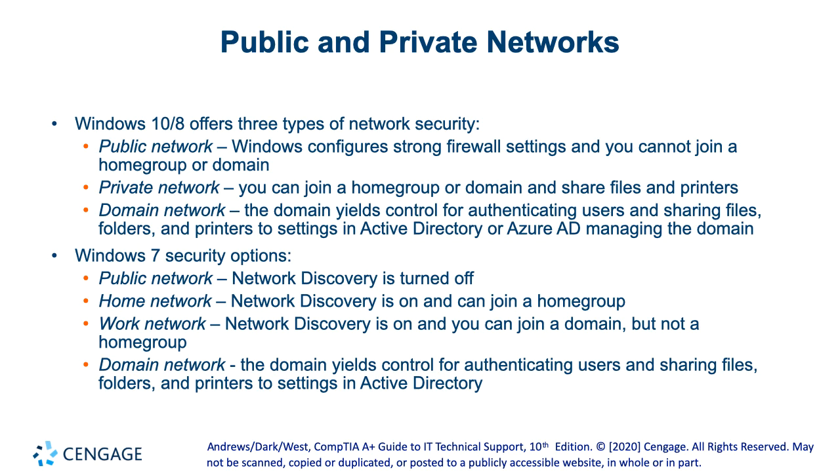And then a domain network provides centralized control over authenticated users, sharing files, folders, and printers. And so that is our network resource sharing. We had our work groups, home groups, and domains, with domains being the best fit for most organizations due to the centralized control.